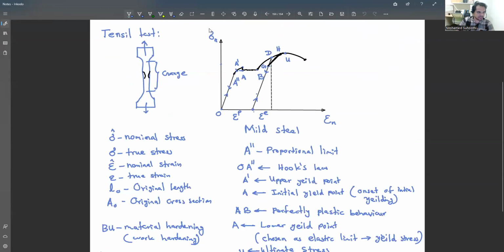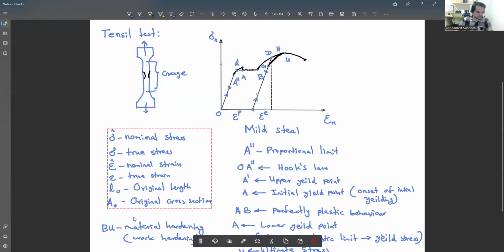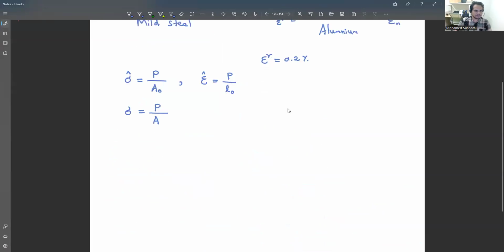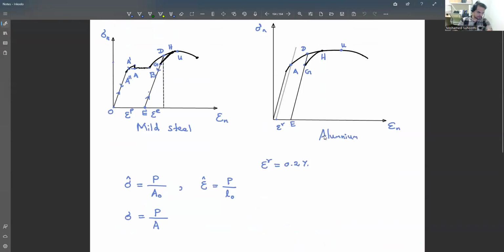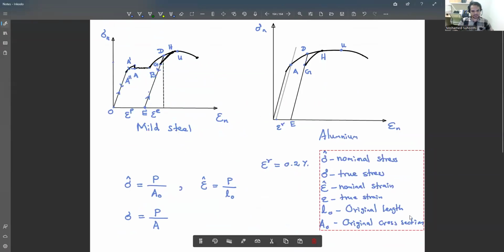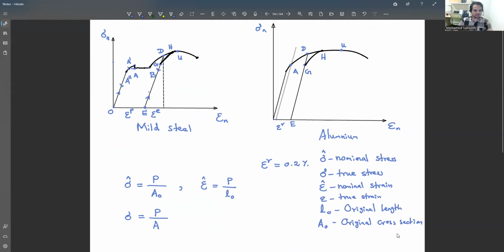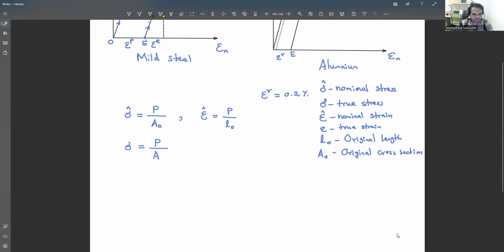Just remember this, so you won't get confused. Similarly, you can define true strain, now with L instead of L naught.